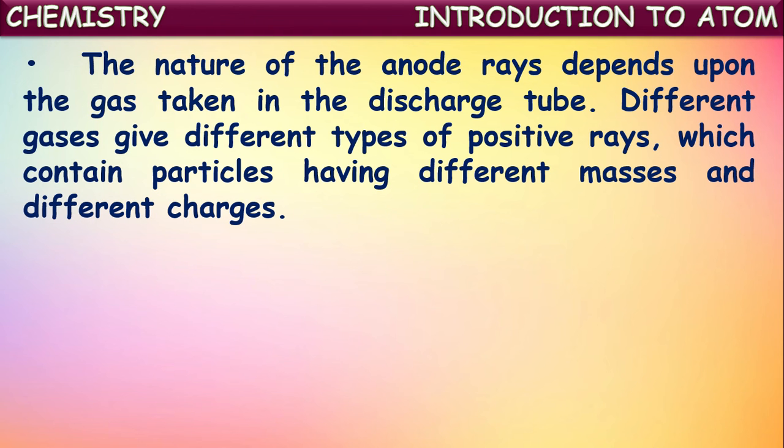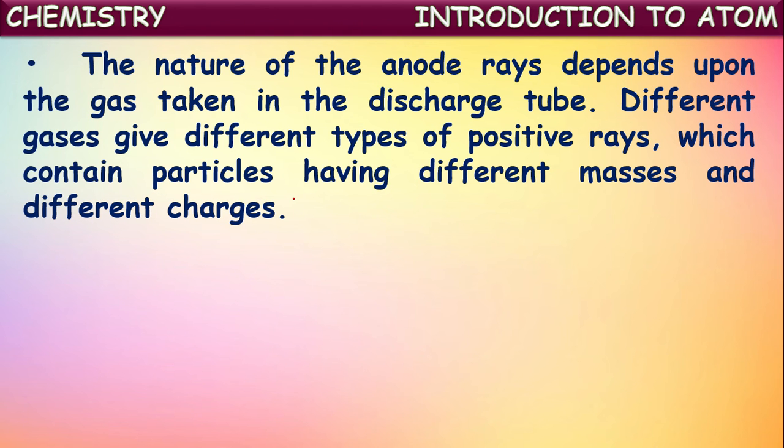But the anode rays produced are different for different gases taken in the discharge tube. That we say the nature of anode rays depends upon the gas taken in the discharge tube. That means different gases give different types of positive rays, which contain particles having different masses and different charges.